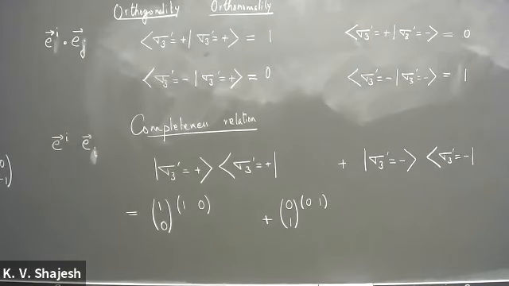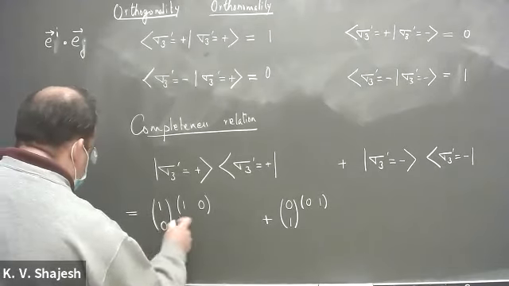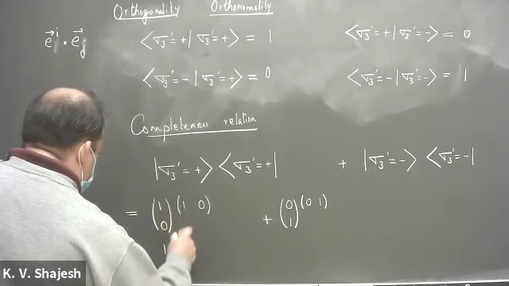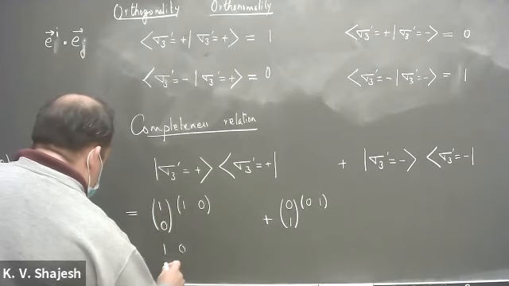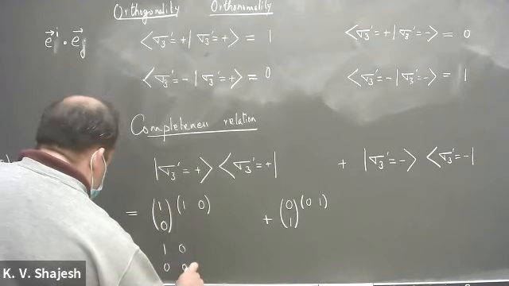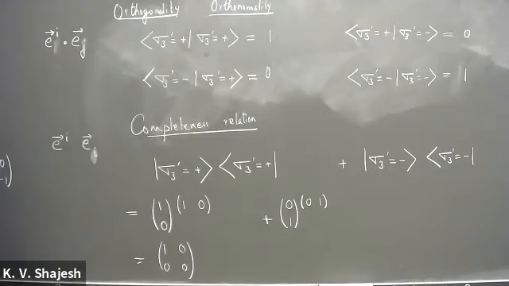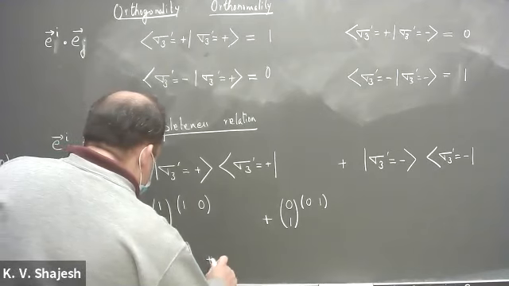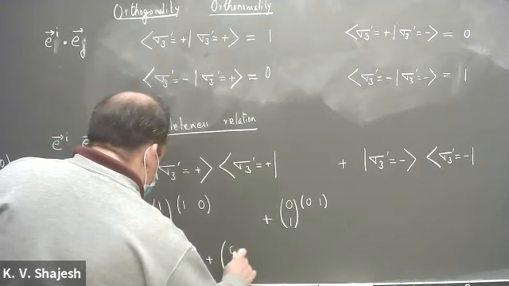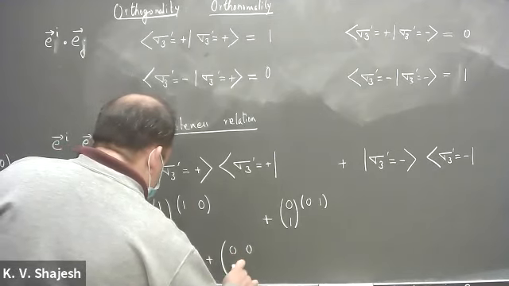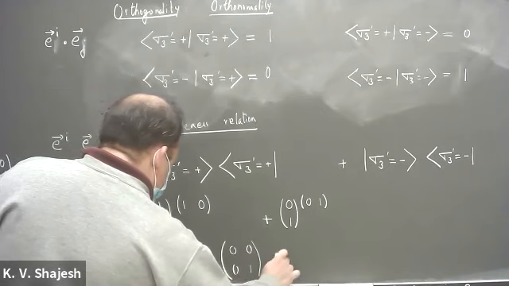This is 1 times 1, 1 times 0, 0 times 1, and 0. And then you do again the same thing. This is 0, 0, 0, 1.